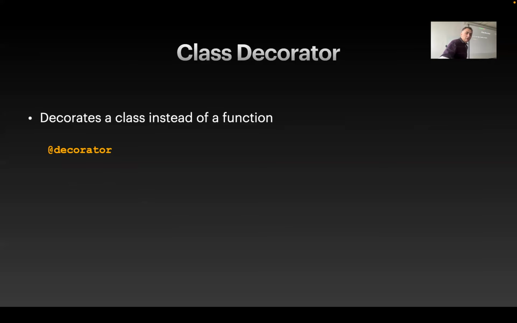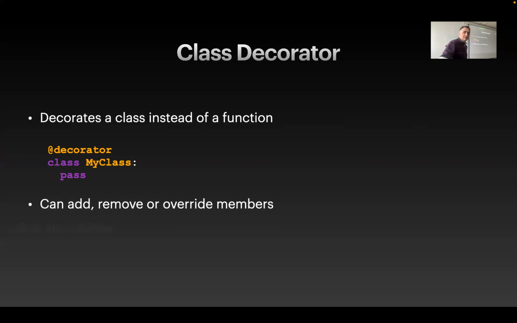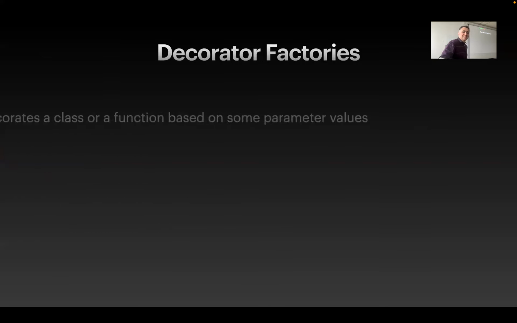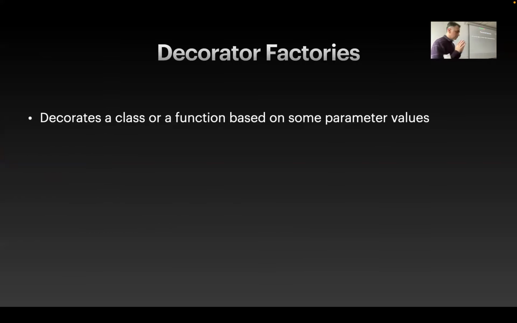All right, so let's pass to decorator factories. The problem arises sometimes when you want to parameterize your decorators. Let's say a function returns a string, and you want to ensure that the string is not longer than 20 characters.